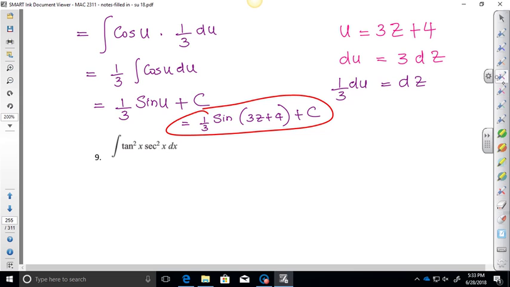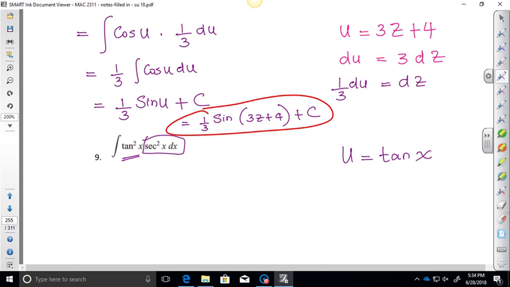Okay. Now I'm going to look at tan squared. What is the inside function of tan squared? Tan squared. So inside function is tan. What's the derivative of tan? Secant squared, and that is there. So I should take u as tan x. I cannot take u as secant x.